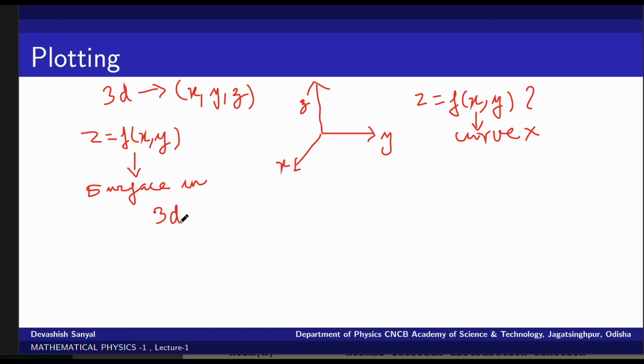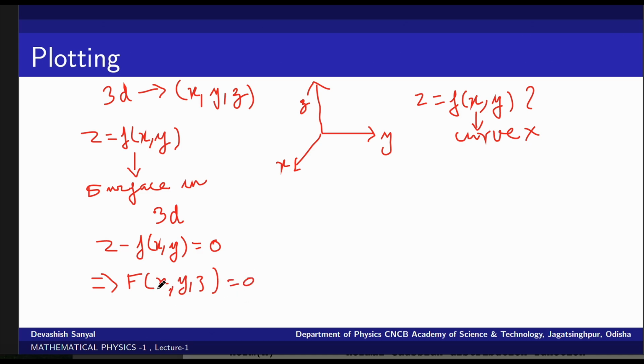Another way of writing this is z minus f(x,y) is equal to 0, or I can also write this as some function F of x, y and z is equal to 0.